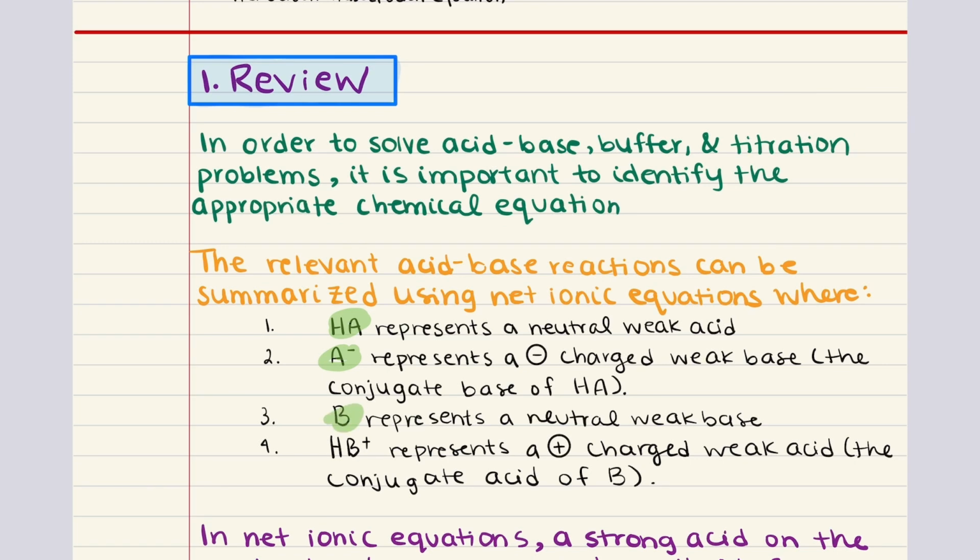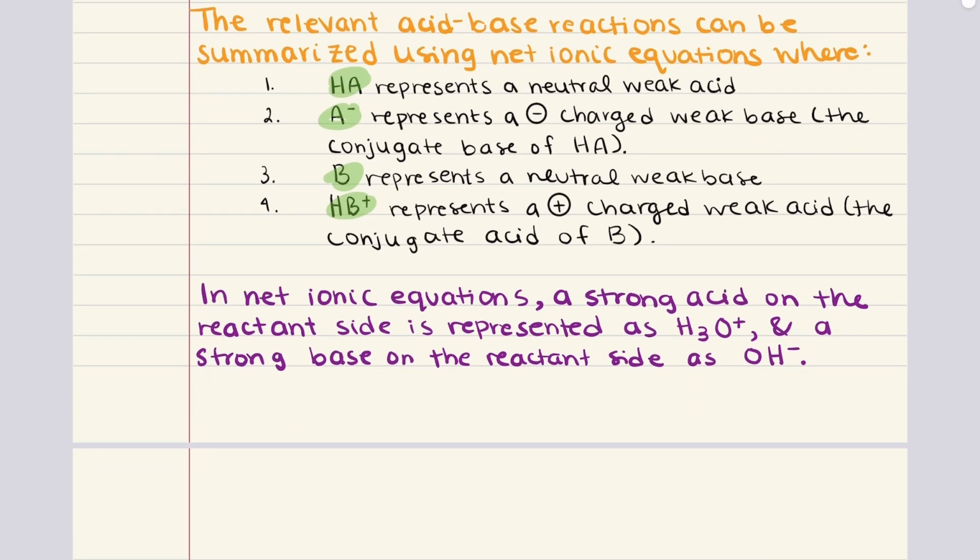B represents a neutral weak base, and HB+ represents the positively charged conjugate acid of B. Now, for strong acids and strong bases, things are a little different. Strong acids are shown in net ionic equations as the hydronium ion, written as H3O+, and strong bases appear as the hydroxide ion, written as OH-.